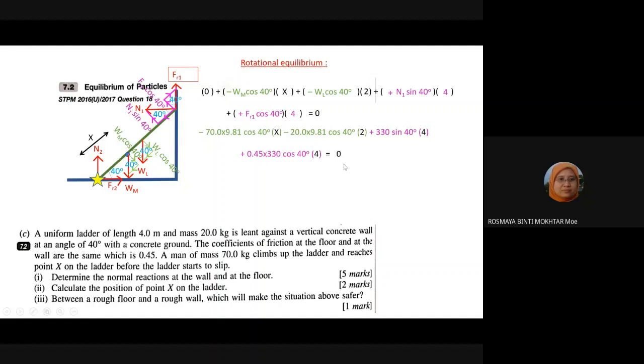Okay, after you substitute all the values, you solve for x. In this equation, we have only one unknown variable, x. So the answer is 1.91 meter. From where? You must mention from the fixed point you chose just now, okay? From the bottom of the ladder.